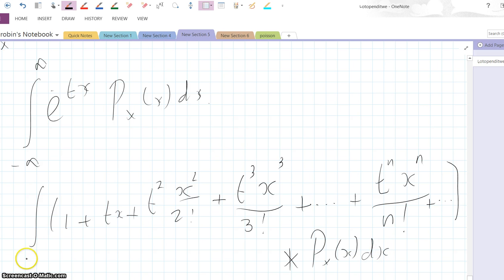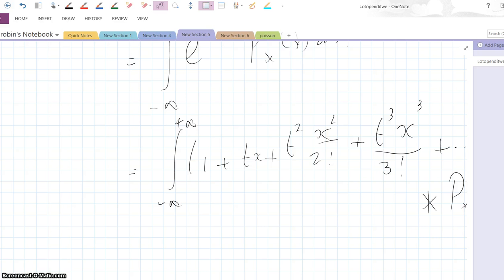Remember we've got an integral sign from minus infinity to plus infinity with respect to x, and that's my moment generating function m sub x of t.